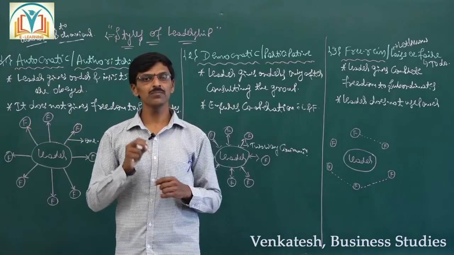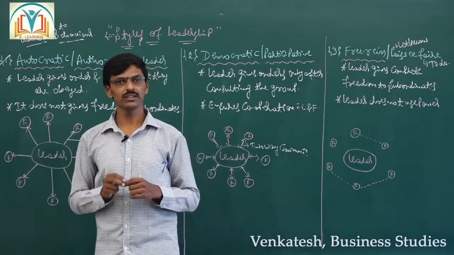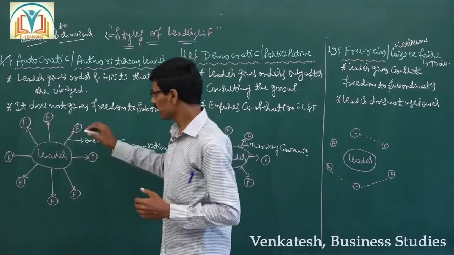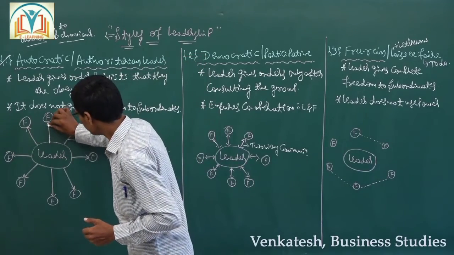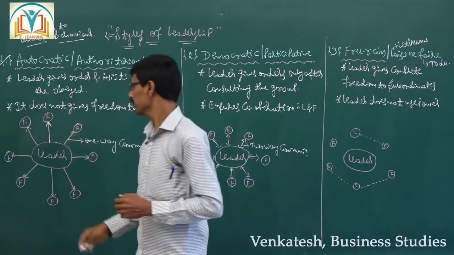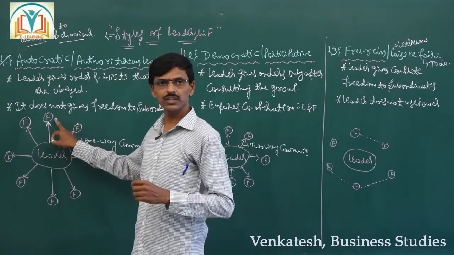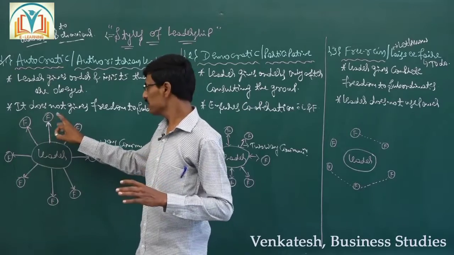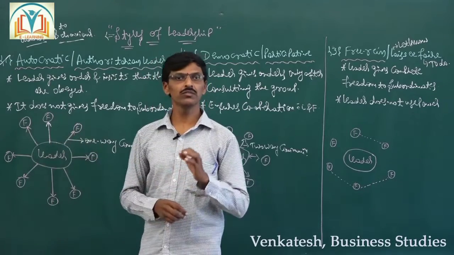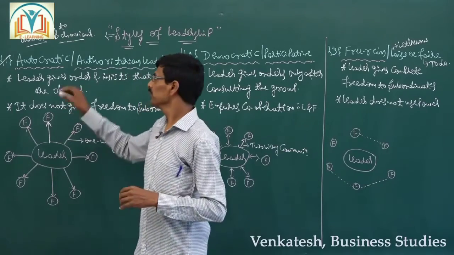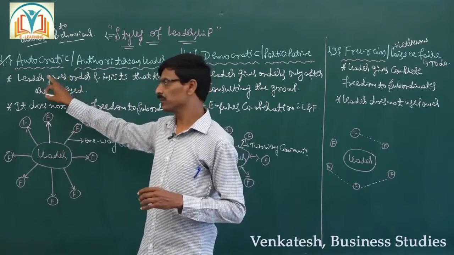That is called an autocratic leader. It is just like one-way communication. You can observe the direction: what the leader says, the followers or subordinates must perform. That is the concept in autocratic leadership.